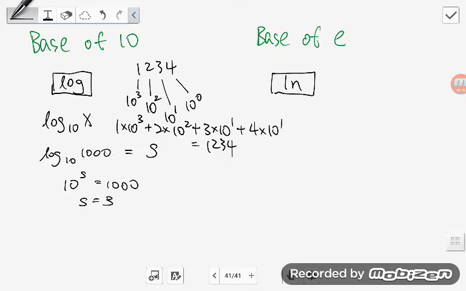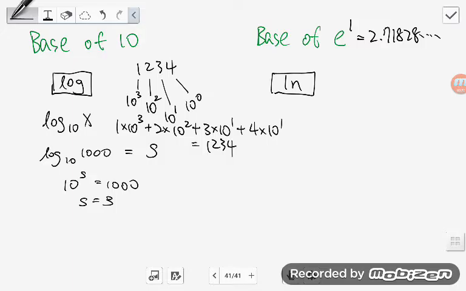Okay? Now the other base that I want to show you guys is called the natural number, the e, that we talked about in class. I hope you guys found that discussion interesting. So e is just a number, right? You can use your calculator. You just put in e to the power of 1, and you will see that e is 2.71828 and so on.